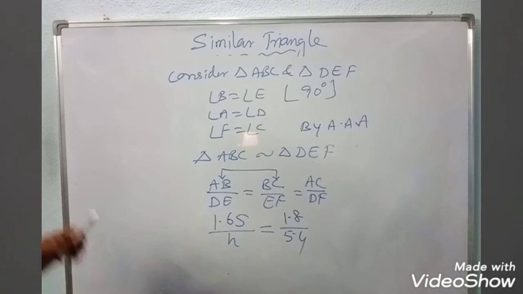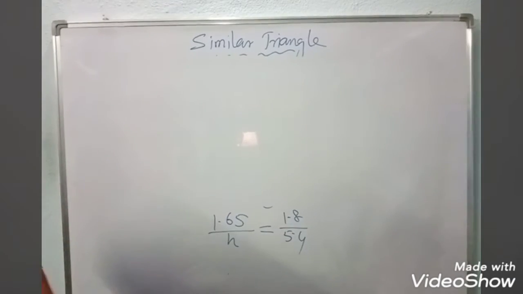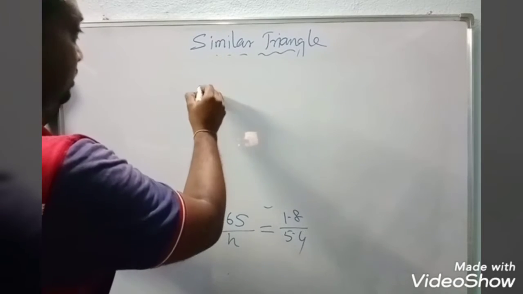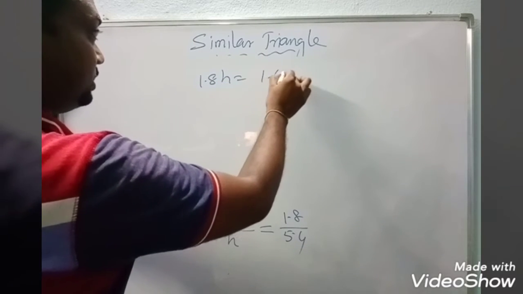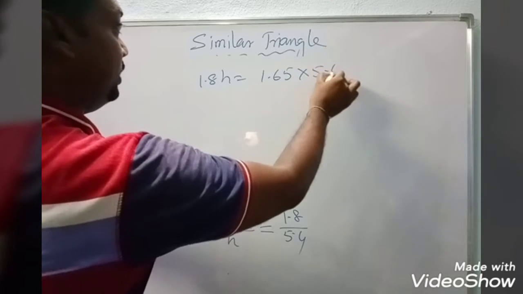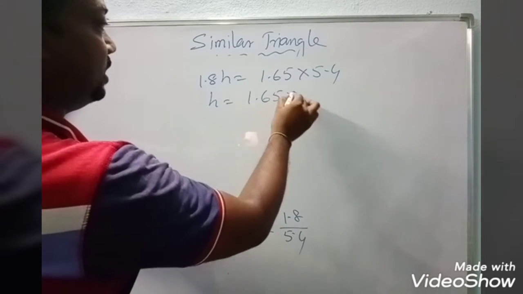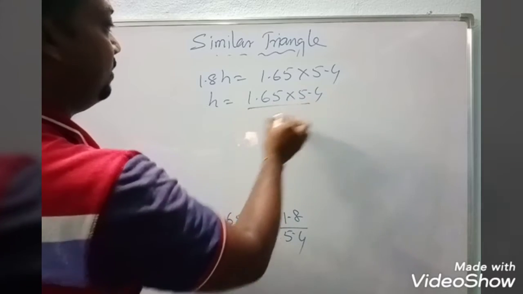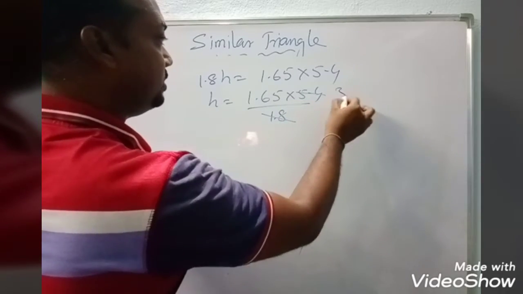Next, after that, just cross multiply your values. Now if I cross multiply, you will get 1.8H is equal to 1.65 into 5.4. So I can write H is equal to 1.65 into 5.4 divided by 1.8. So here 18 3s are 54.